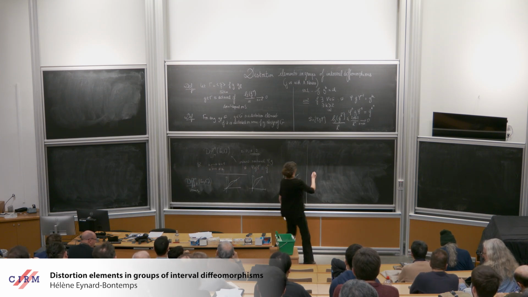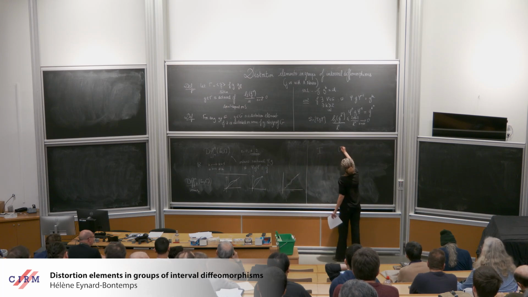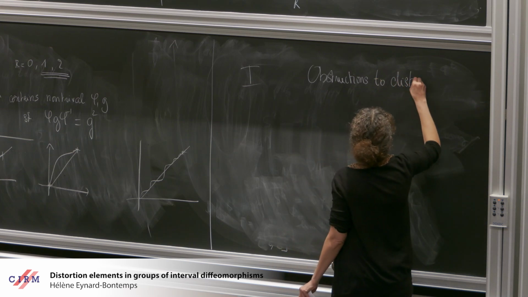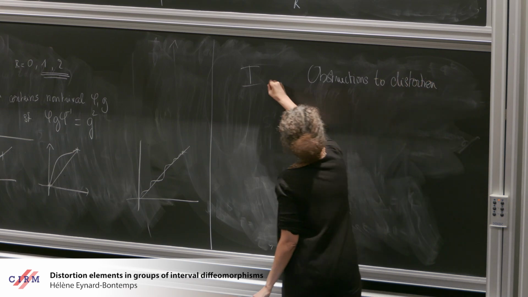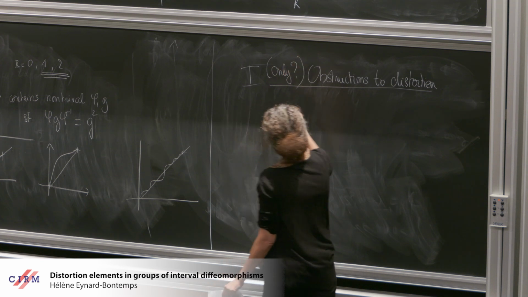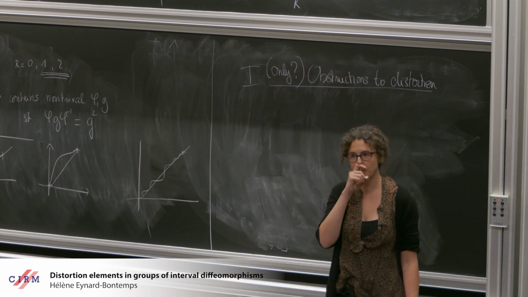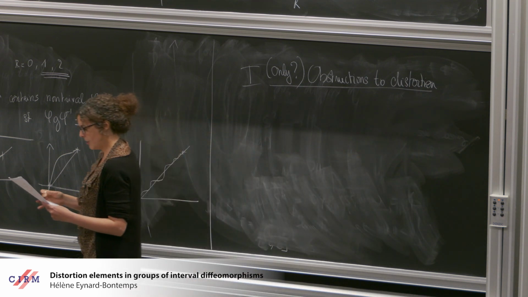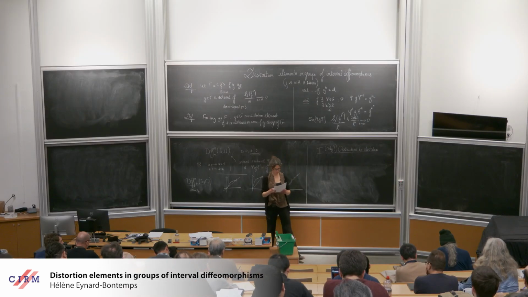So that's going to be my first part: to present you some natural obstructions to distortion. And the question will be whether they are the only obstructions. And here you're going to see that there are lots of things in common with Andres' talk.